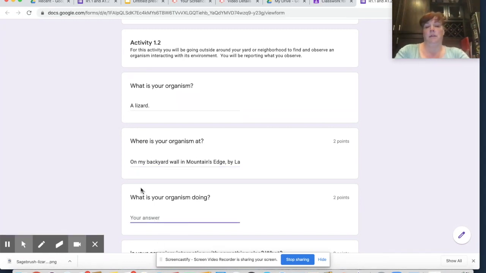What is my organism doing? My lizard was climbing the cinder block wall in my yard. I also observed him doing some funky little things. He was in the sun, and he was doing little push-ups on my wall.